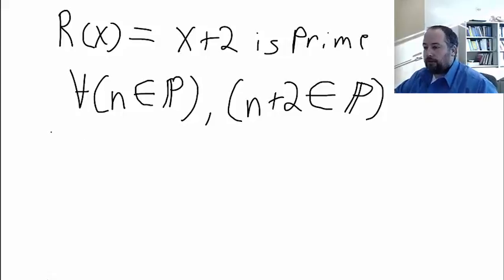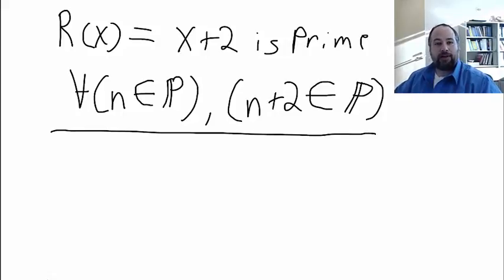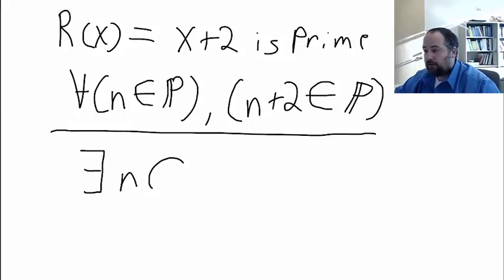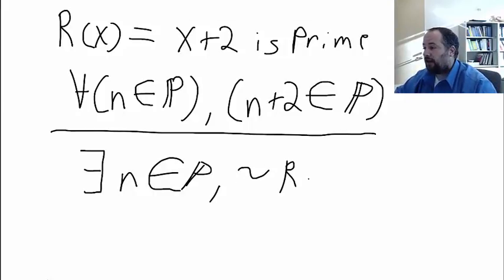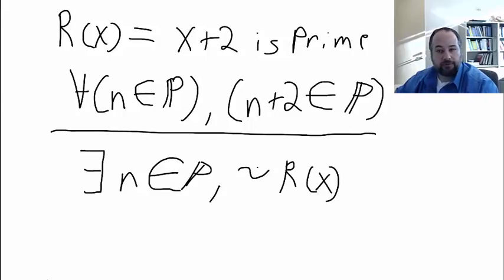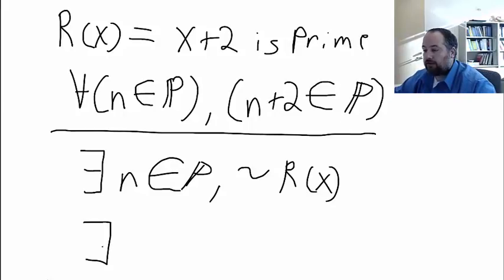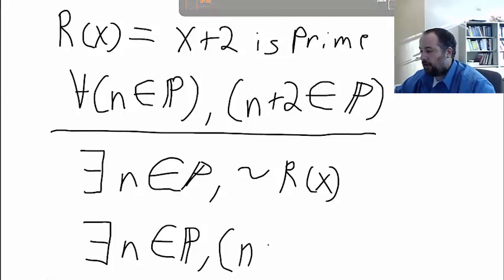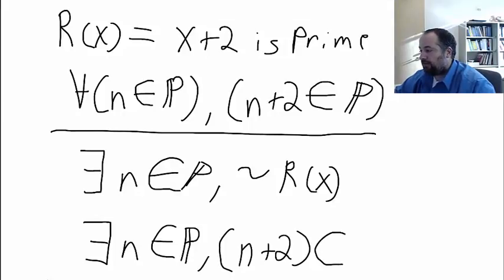Well, then the question is, what would be the opposite of that predicate statement? The opposite of for every n in P, n plus 2 is also in P, is that there exists some n inside the set of primes such that r of x is false. We could also say there exists n that is a member of the set of primes such that n plus 2 is not a member of the set of primes.